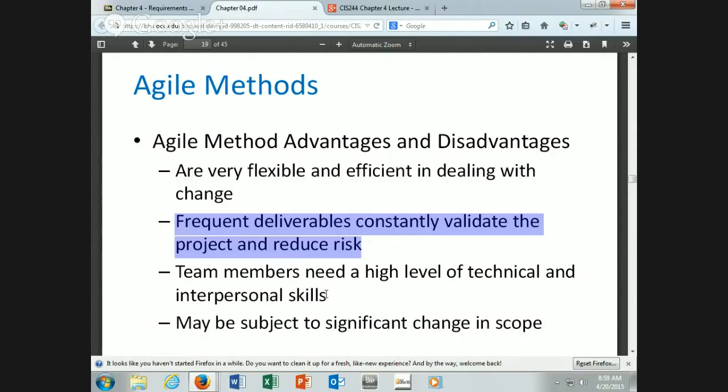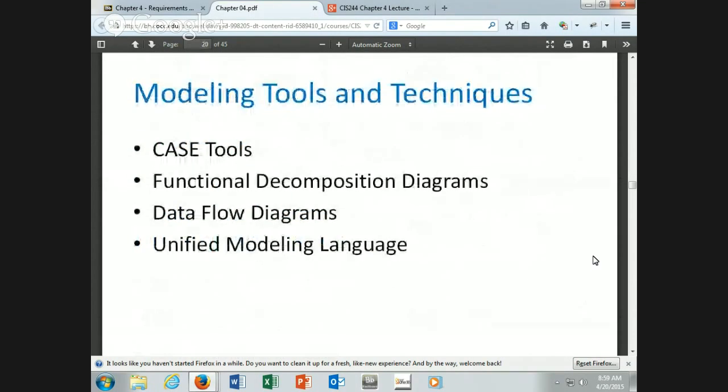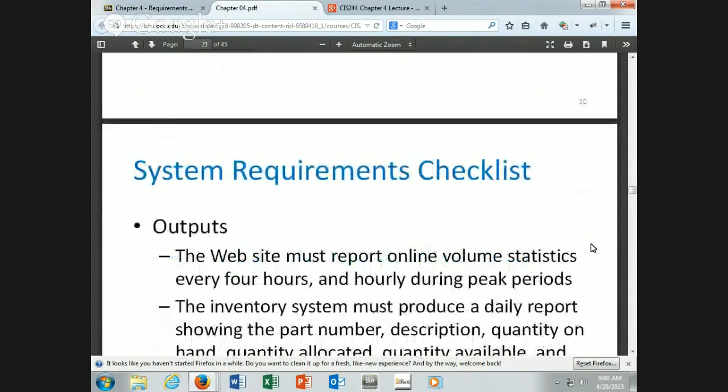Why a high level of interpersonal skills? We're getting everybody involved. May be subject to significant change in scope. Highly probable that we're going to just start exploding ideas. Things that are used: CASE tools, functional decomposition diagrams, data flow diagrams, and the Unified Modeling Language. We'll get into these, so we'll watch a couple videos on those.